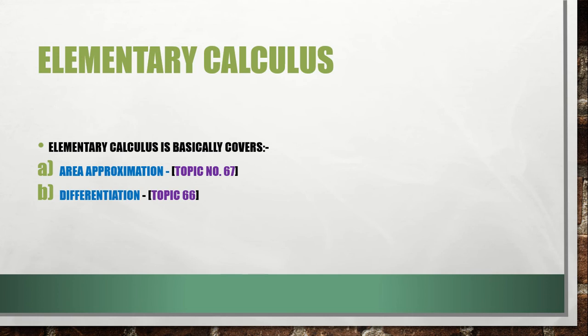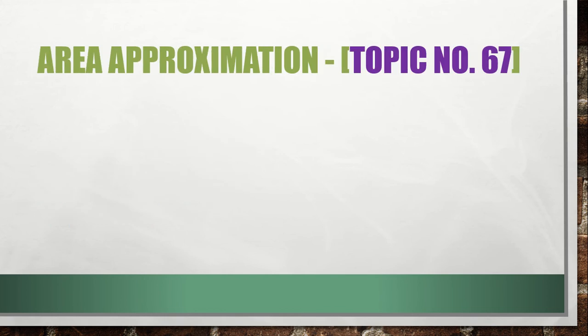According to the syllabus, differentiation comes before area approximation, but in this case we are going to cover area approximation first, then differentiation, and finally integration. Those are the last 3 topics of the mathematics Form 4 syllabus, which is topic number 68. So we are going to begin in this tutorial with area approximation.